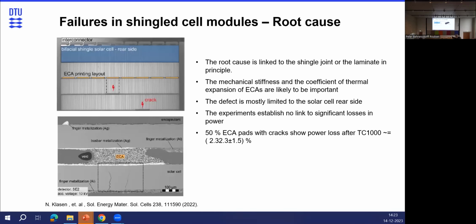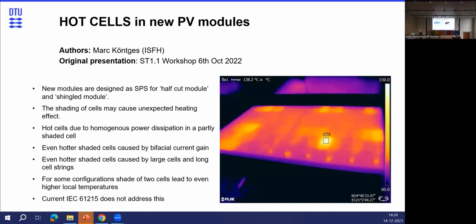And this is also supported by accelerated stress testing, where they induce these kinds of cracks. They also did an analysis of where they occur, and they occur around where the paste is located, where the ECA pads are. And they found that for a module where around 50% of the connection pads were found to have cracks, in thermal cycling, this only caused about 2.3% degradation in performance. So it looks bad, but it wasn't that bad.